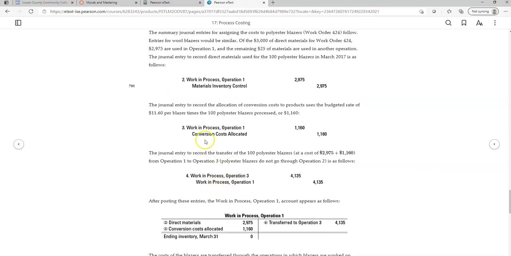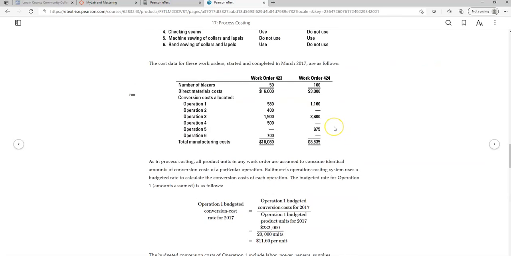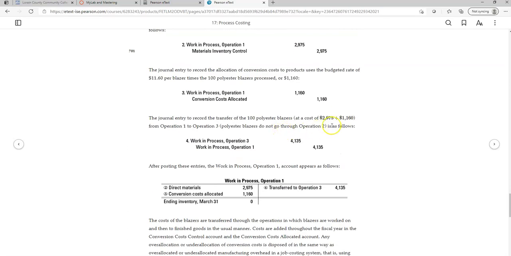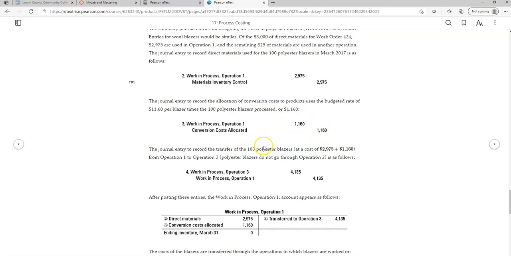And then as we incur those costs of materials, and remember the materials were $29.75 for a particular thing here. And then let's see, conversion costs we had for the 100 polyester blazers, $29.75. We record the overhead, the conversion cost allocated to the product of $11.60 for the department.